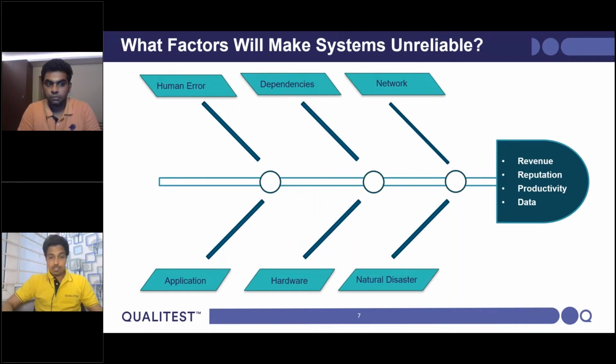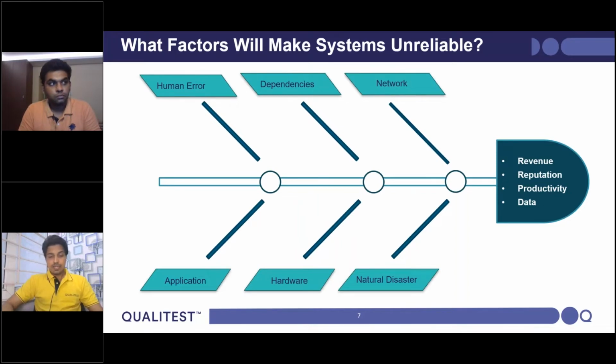But at the end of the day, every failure leads to huge loss. In these cases, the loss is in terms of reputation loss, a productivity loss. Obviously, data is very vital nowadays, data loss, and ultimately a revenue loss.